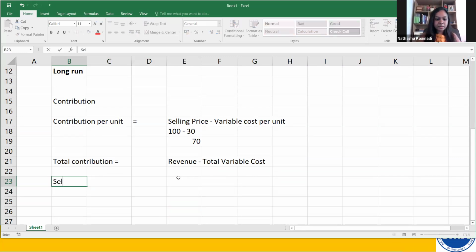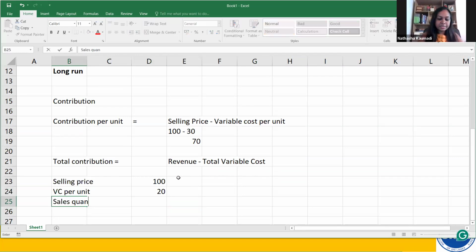Selling price is 100. Variable cost per unit is 20.